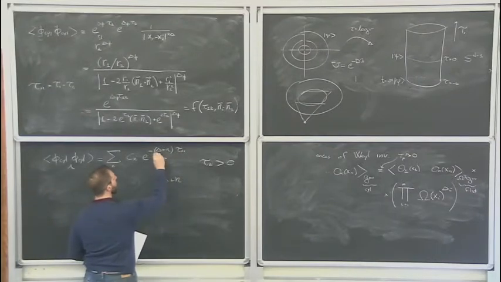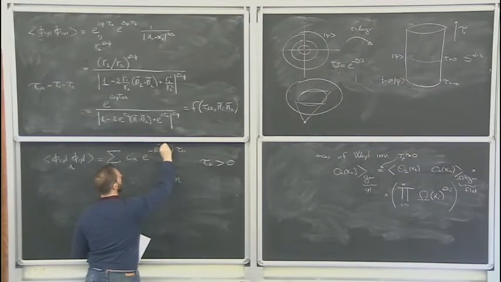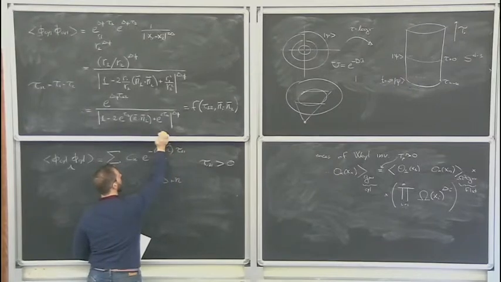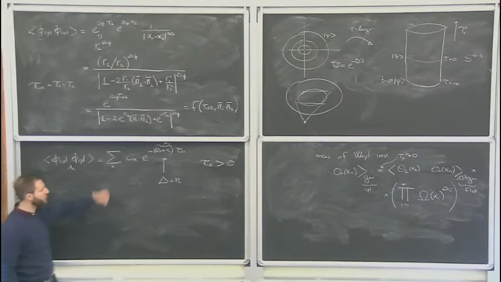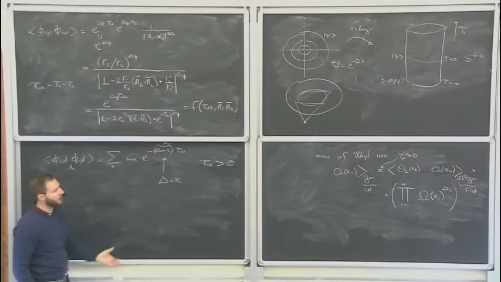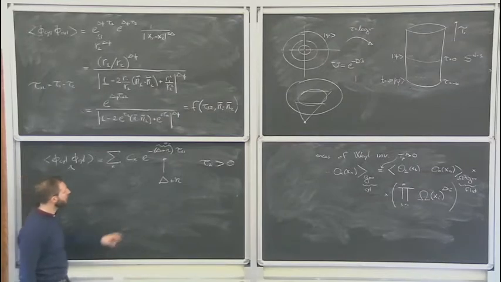These are the energies of the descendants in this cylinder interpretation. These are the energies of the Hamiltonian, which is the generator of translation along the tau direction. And these are the energies.